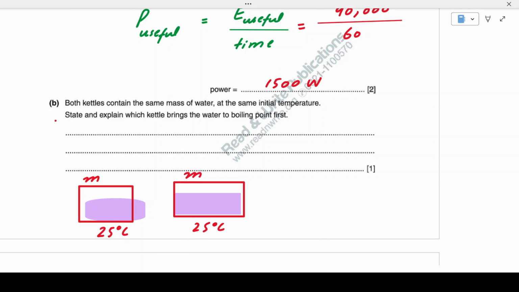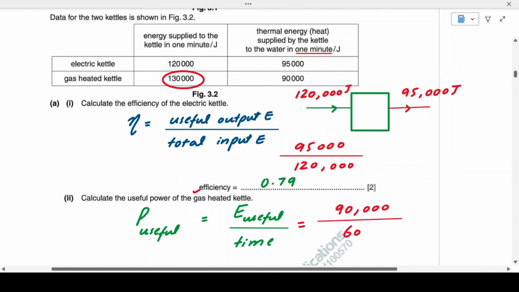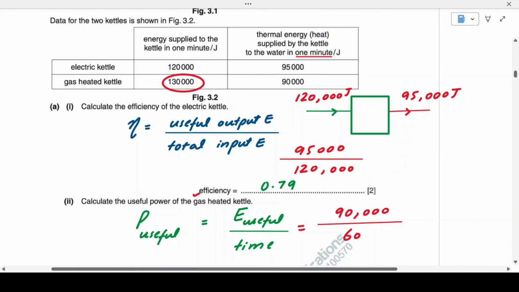Which one would boil the water first? Can I say the one that delivers more energy? Which one delivers more energy? Electric kettle.